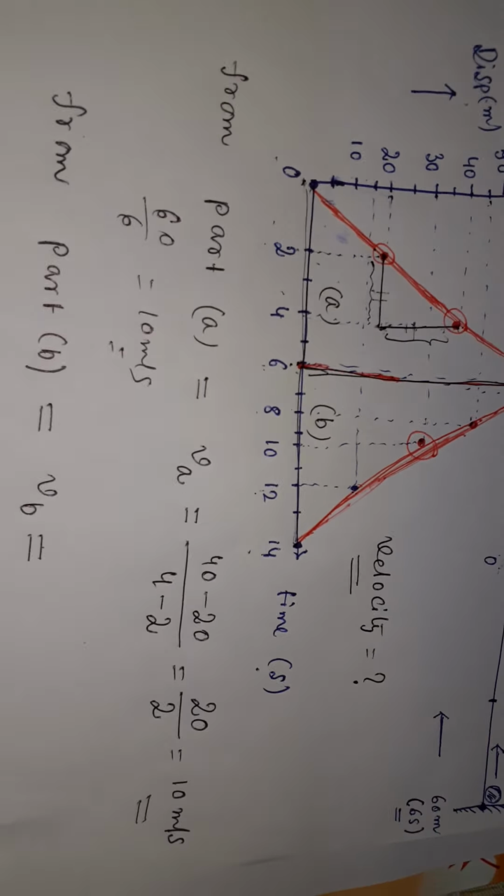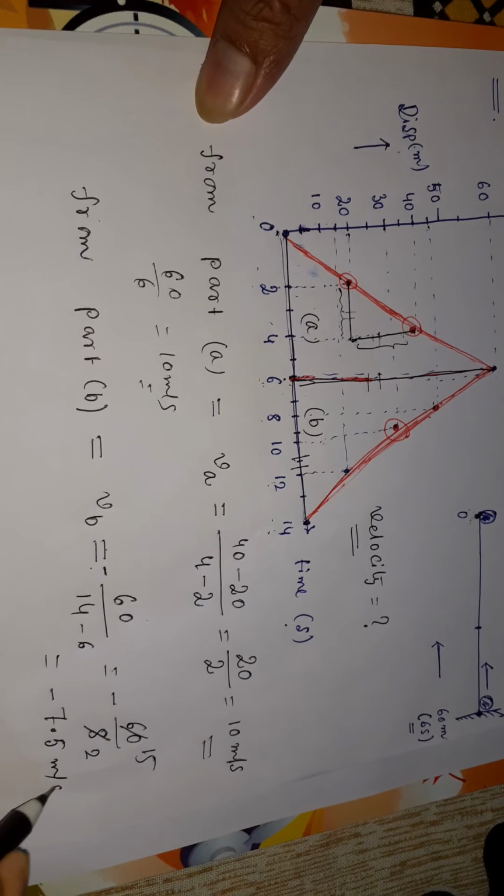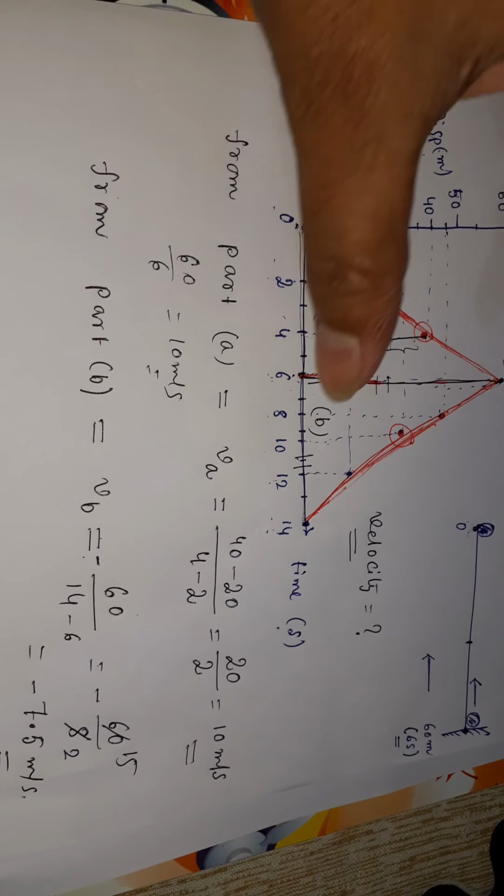So within how much time has the body taken? 14 minus 6 is 8. So 60 divided by 8. If you calculate this, you will get minus 7.5 meter per second, the velocity of this part.